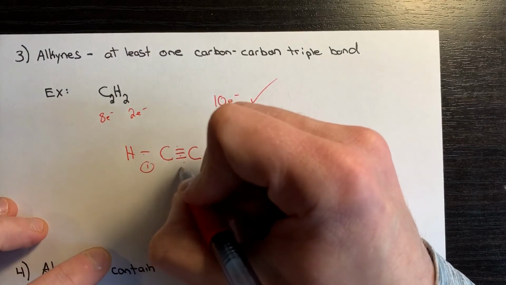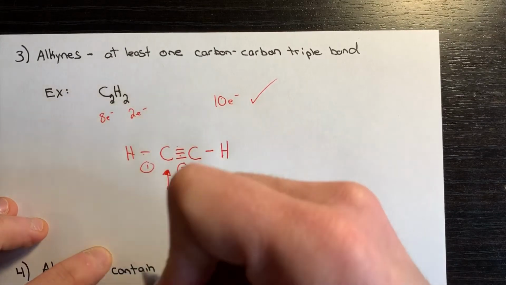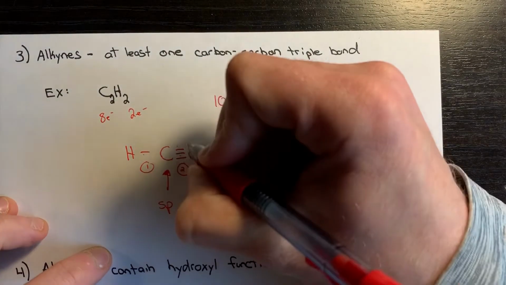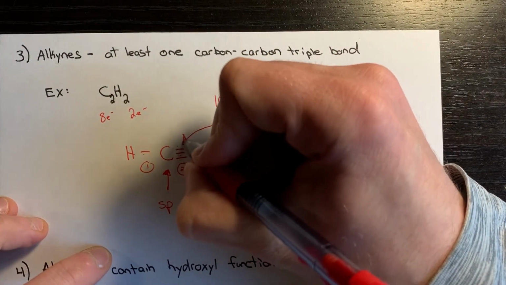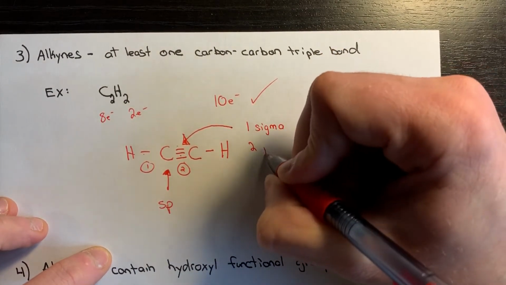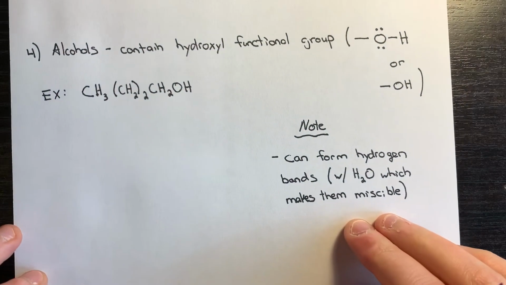Here we only have 2 electron groups around that carbon, making that sp hybridized. If we wanted to talk about this triple bond here, we would say that there's 1 sigma bond and there are 2 pi bonds. Moving on to, I think, more interesting functional groups, we get into our alcohols.